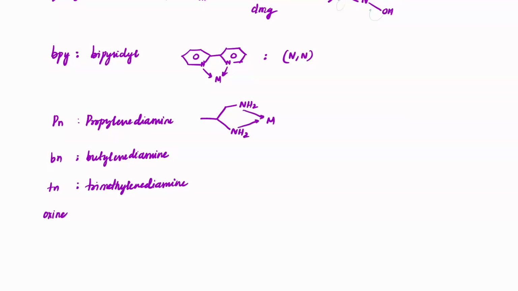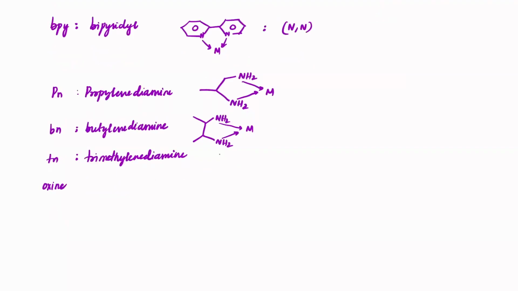This is propylene diamine. Butylene is having four methyls here, NH2 and NH2, connected to the metal this way. So it is like ethylene diamine, but with two extra carbons here. Next, you can see trimethylene diamine in this case has CH2 which has connection with NH2 and NH2, and then we have a metal, so that connects from these two nitrogen ends like this.